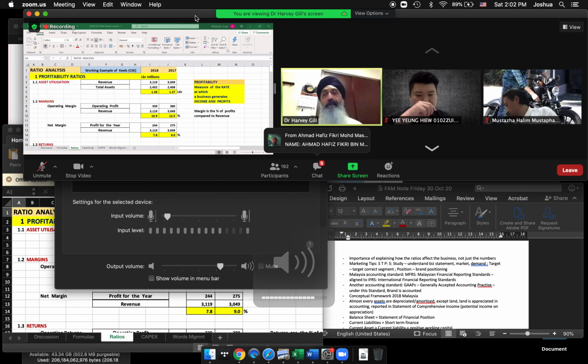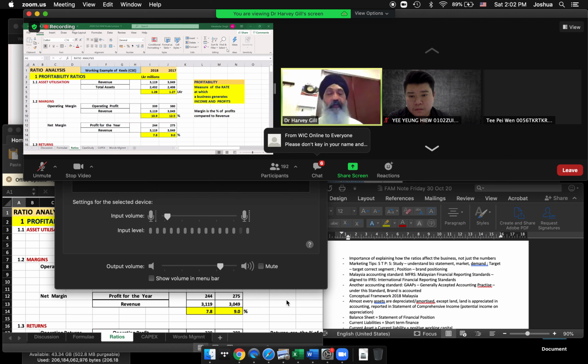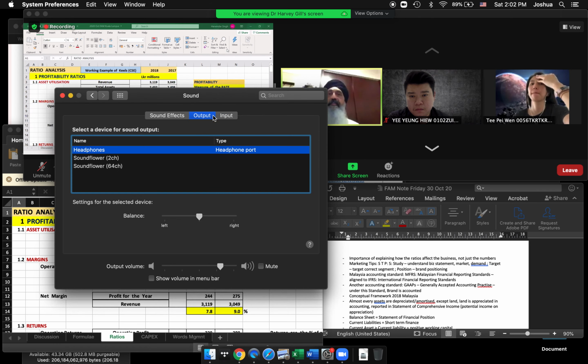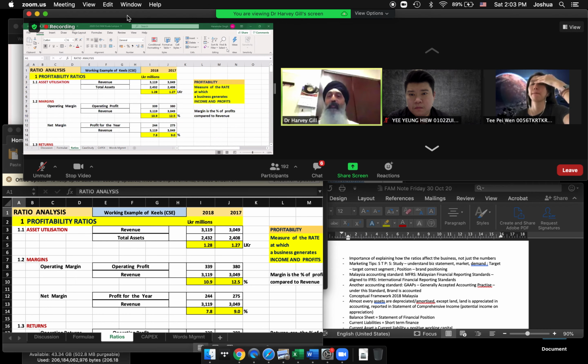The logic of the statement of financial position is this: if I show you 100 million of assets, I must explain to you who put in the money to get that 100 million worth of assets. Then we looked at the statement of profit or loss, which makes you realize that you don't have just one definition of profit.